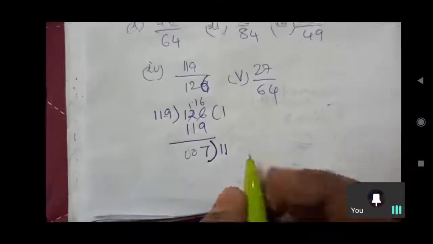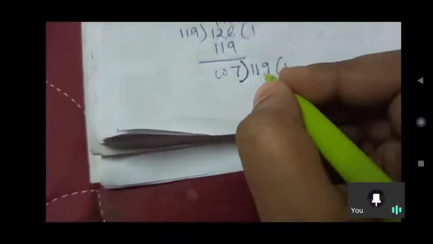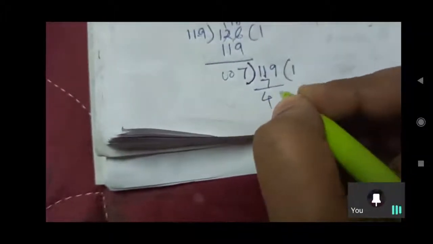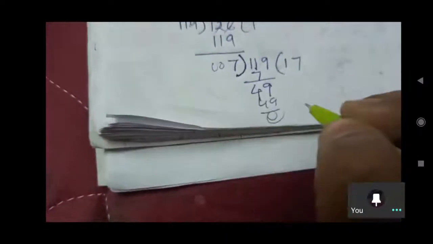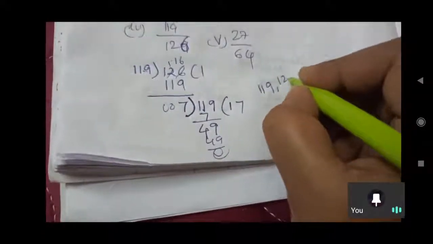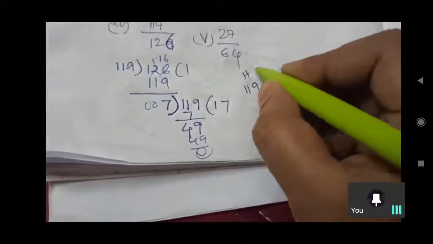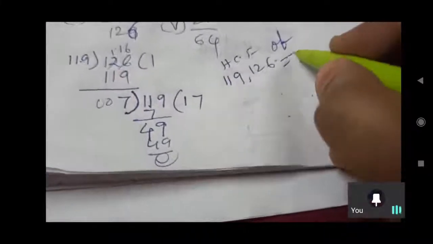Here the divisor will become the dividend in the next step. So 7 ones are 7. 4 is the remainder, 49. So 7 sevens are 49. So among these two, what is the remainder of 196 and 126? HCF of 196 and 119 and 126 is equal to 7, Nana.